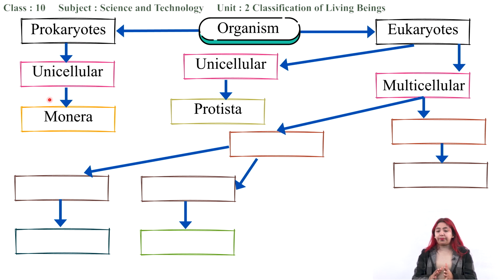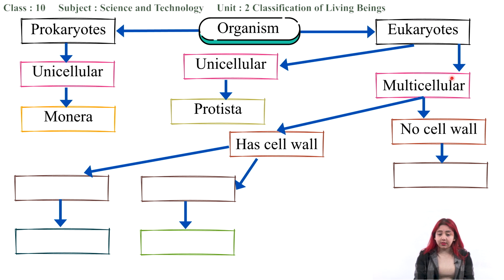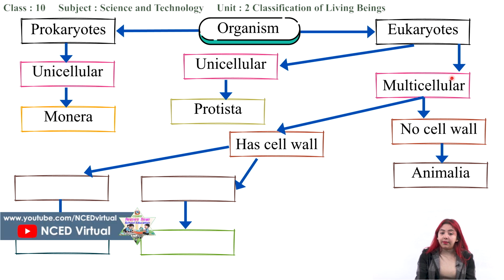Now there comes the multicellular organisms, and after this the presence and absence of a cell wall in the cell was taken into consideration. So if there was no cell wall in the multicellular eukaryotic cell, then they were placed in the kingdom Animalia.